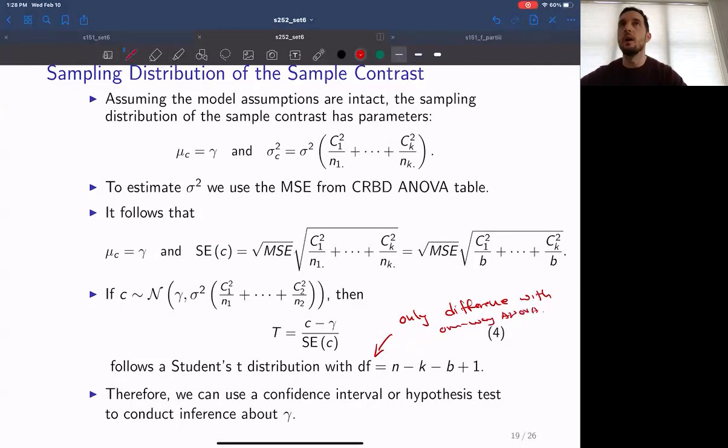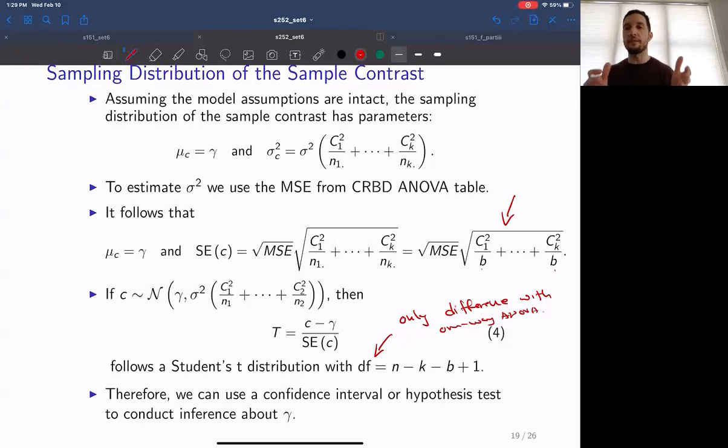And actually, running a multiple comparison out of a CRBD is a little bit easier than running a multiple comparison out of a one-way ANOVA because you are guaranteed to have the exact same sample size. So you can see here, we have subscript B in the formula for the standard error. That's because every treatment can only have B entries, 1 per block, right?